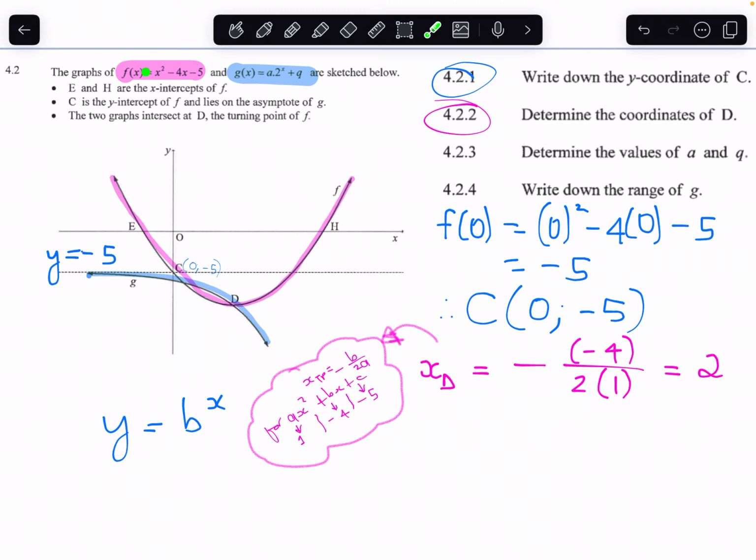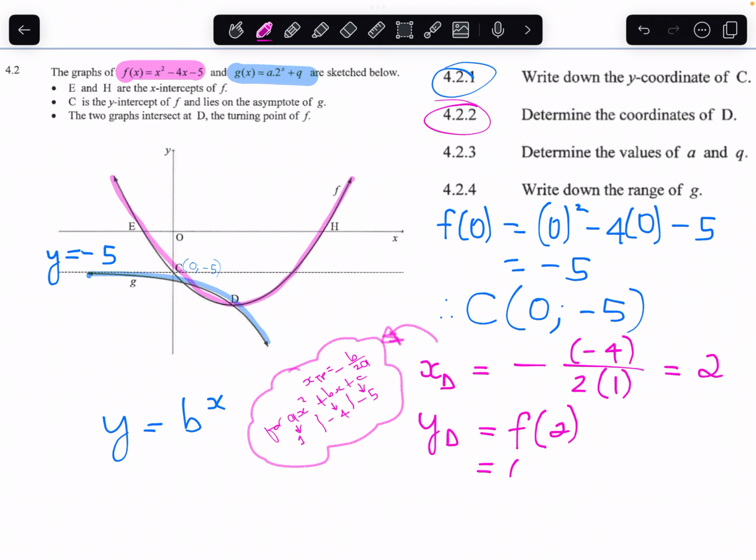Another alternative would be to complete the square, right? So get this into a form like this, because the p and the q will then tell you what the turning point is. But yeah, anyway, forward we go. To find the y-coordinate of D, we want to find, well, what is the value of the function when x is equal to 2?